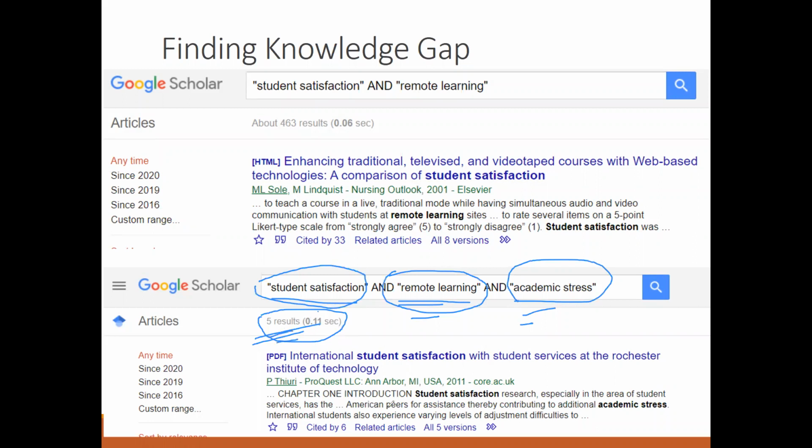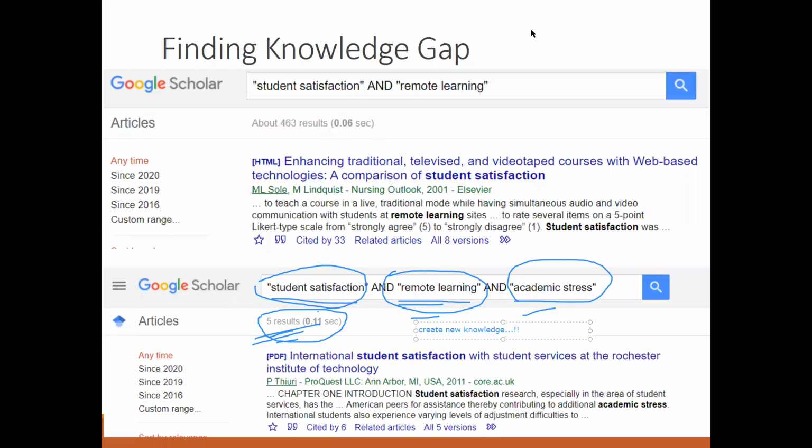So it means that there is a lot of room available for you to create new knowledge. You can create new knowledge here. Why? Because only 5 research papers are written on this topic.